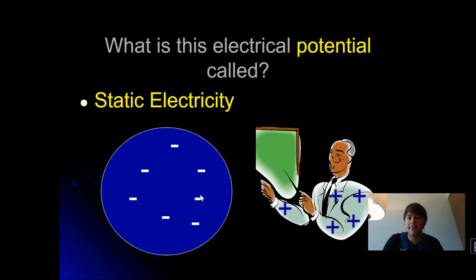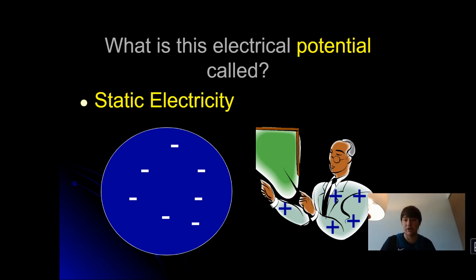So we have potential energy. We talked about it first trimester, and potential energy is stored energy. We specifically looked at mechanical or gravitational potential energy. In this particular unit, we're looking at static electricity as our potential energy, meaning we have a charge built up, positive or negative.